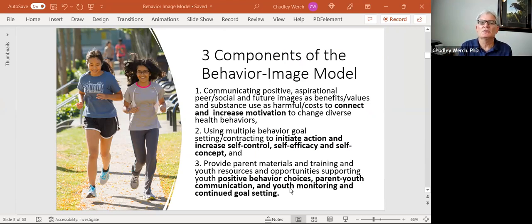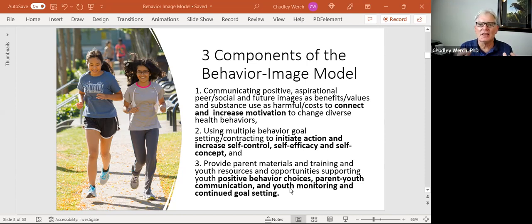The first component is the need to communicate positive, aspirational, peer or social images, as well as future desired images, as a benefit or as a value. And then substance use as harmful, or as a cost to those positive images and benefits.